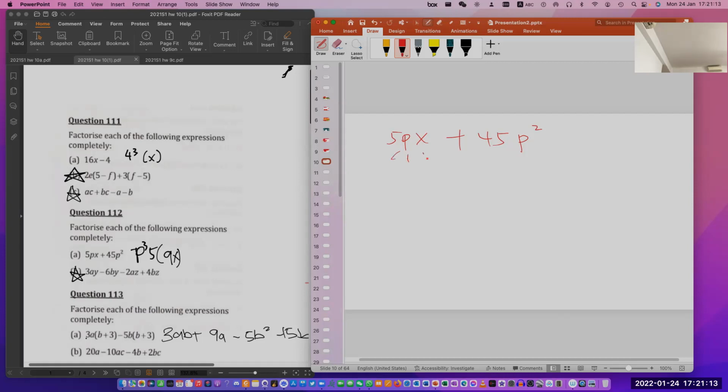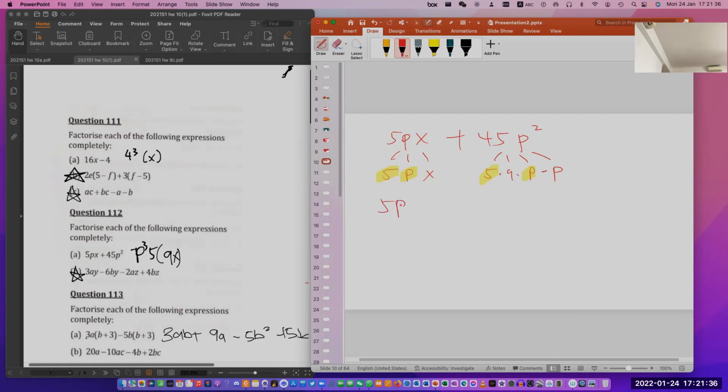You can split this to 5px. Then over here, you can split it to 5 times 9 times p times another p. By the way, p squared is p times p. Okay. So now, can you see that you have 5p in common? So if you have 5p in common, very easy.